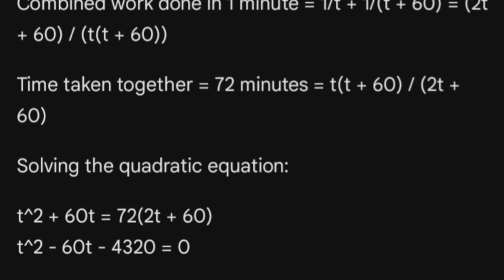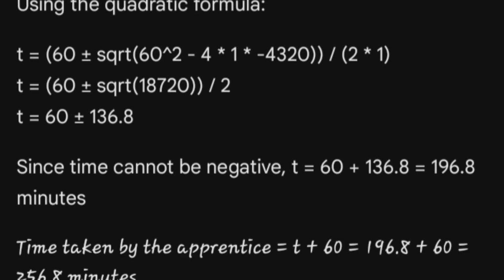Solving the quadratic equation. t squared plus 60t equals 72(2t + 60). t squared minus 84t minus 4,320 equals 0. Using the quadratic formula, t equals 60 plus or minus sqrt of 60 squared plus 4 times 4,320 divided by 2 times 1. T equals 60 plus or minus sqrt 18,720 over 2.